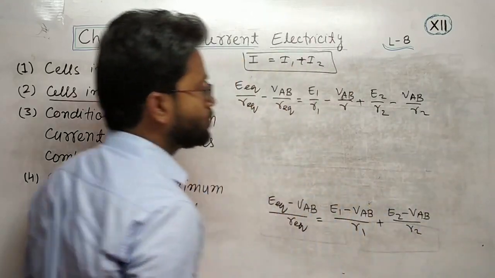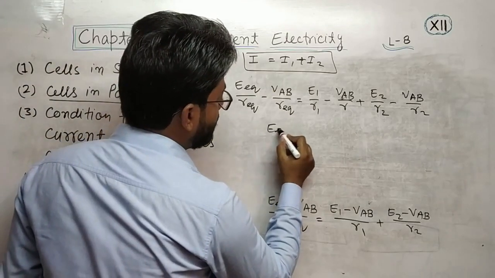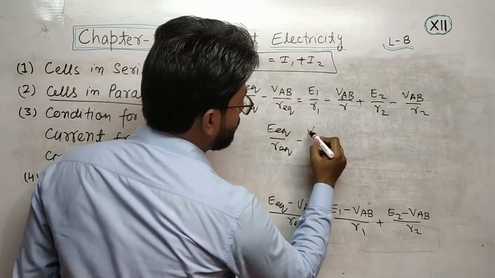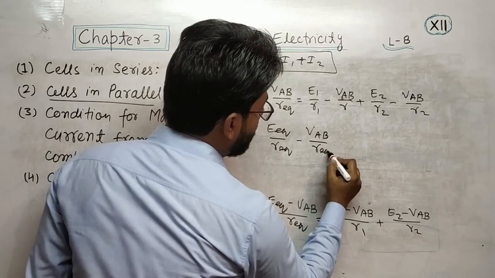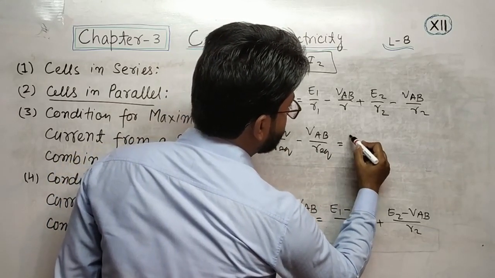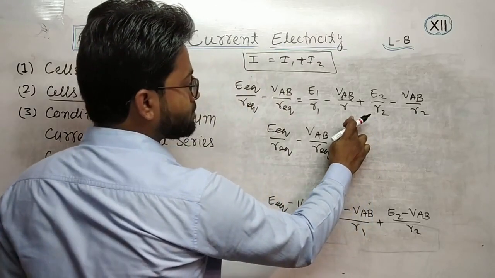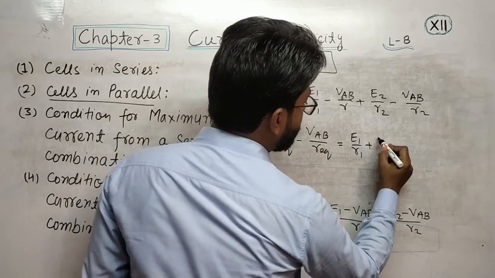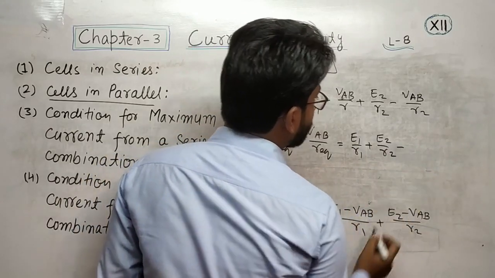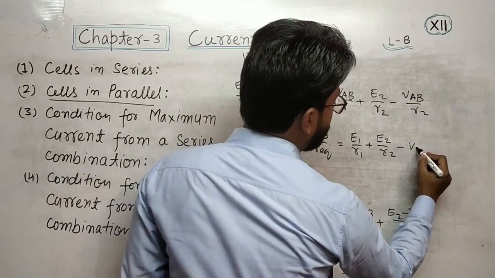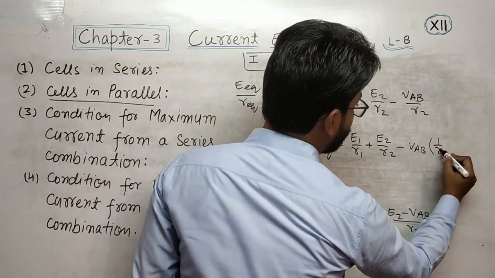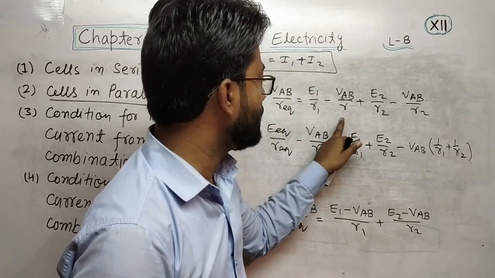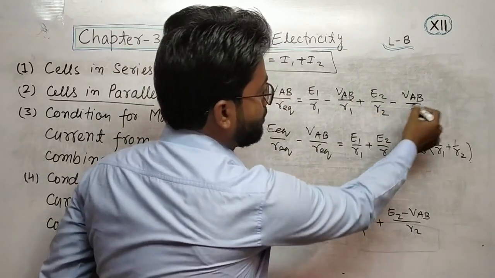So E equivalent upon R equivalent minus V AB upon R equivalent is equal to, you can take common, E1 upon R1 plus E2 upon R2 minus V AB times 1 upon R1 plus 1 upon R2. You can take V AB common, 1 upon R1 plus 1 upon R2.